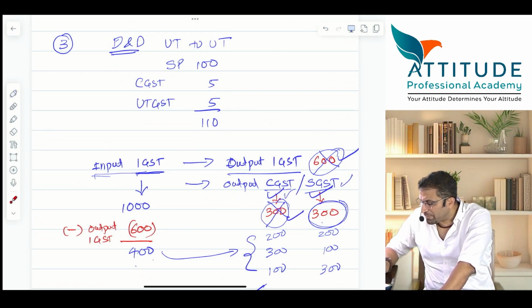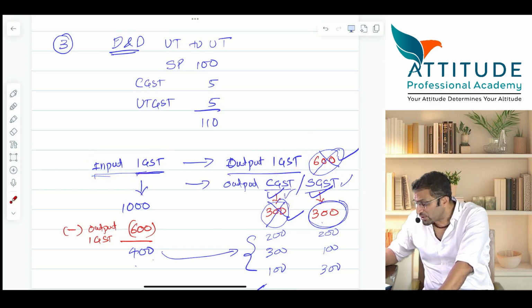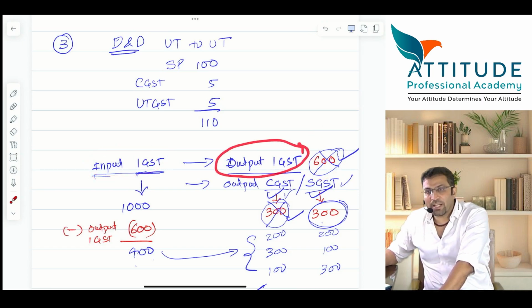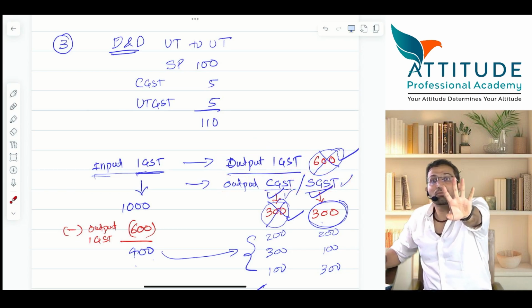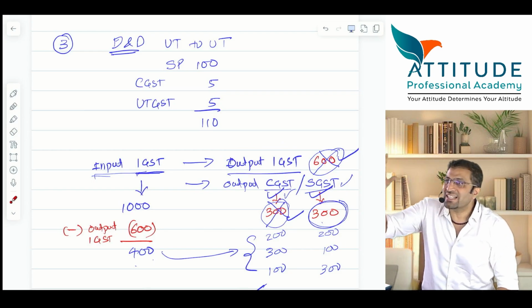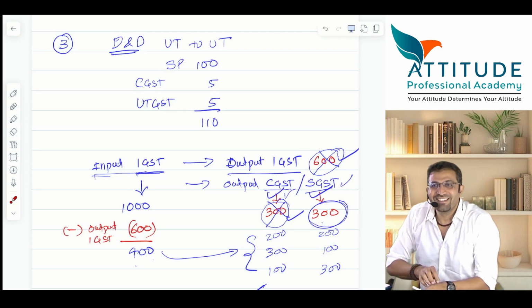I'll repeat once again: input IGST can be adjusted against output IGST as well as output CGST and output SGST, but the rule is first you have to adjust with output IGST, then any of these two. It need not be only CGST first and SGST later, it can be anyhow. Is that clear? So IGST is a very good thing, it is like a joker, it will fit anywhere. Is that clear?